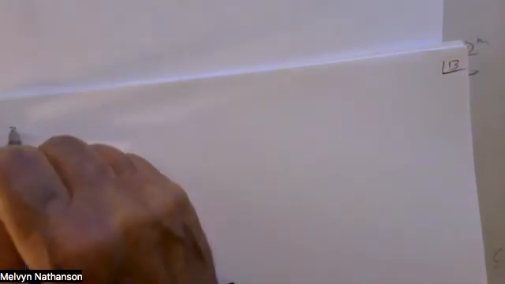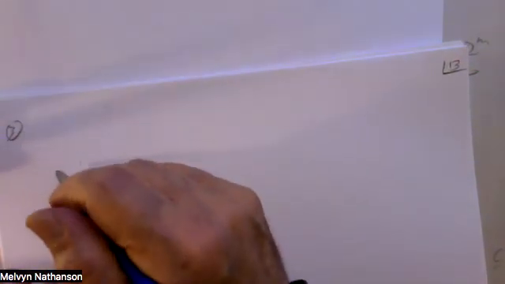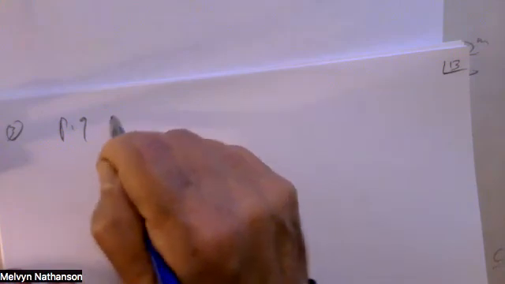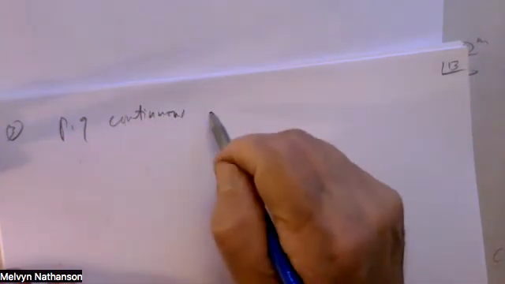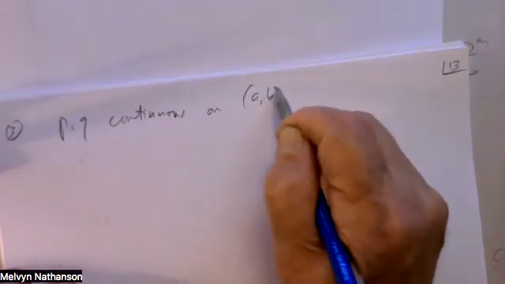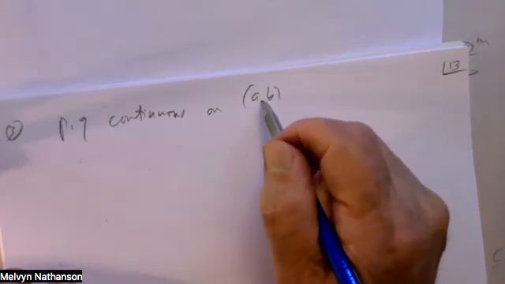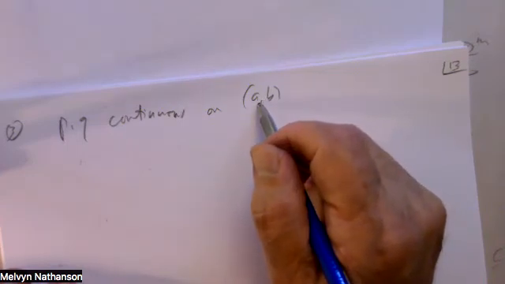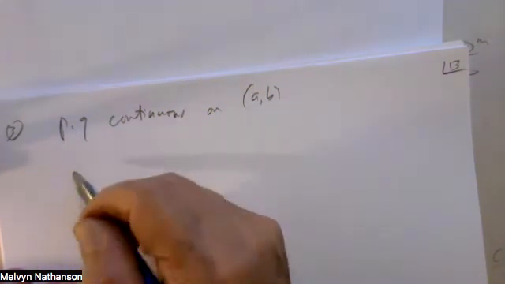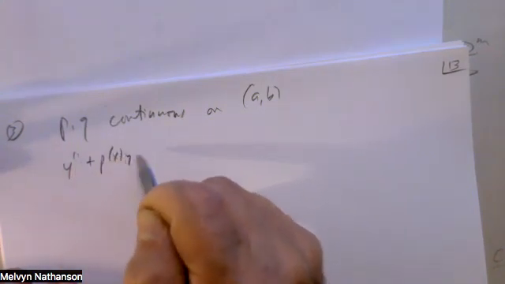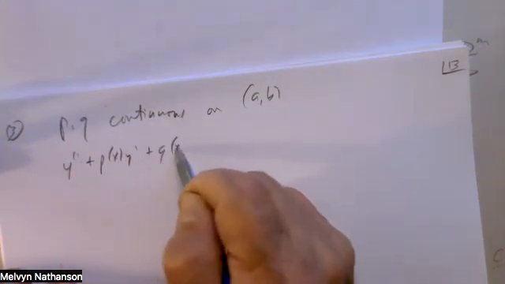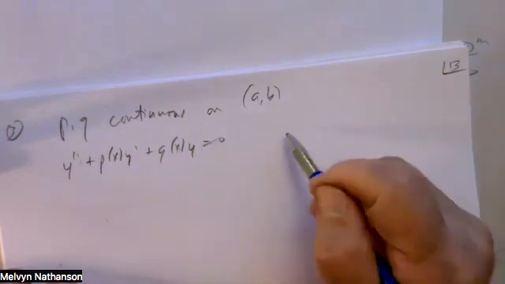Let's look at problem number 3. We have P and Q continuous on an open interval from a to b, and we have the differential equation y double prime plus P of x y prime plus Q of x y equals 0.